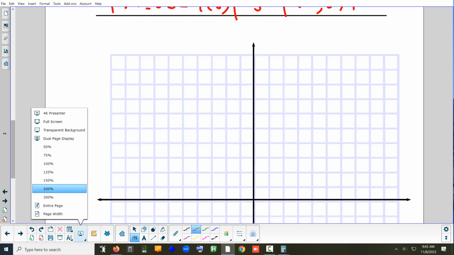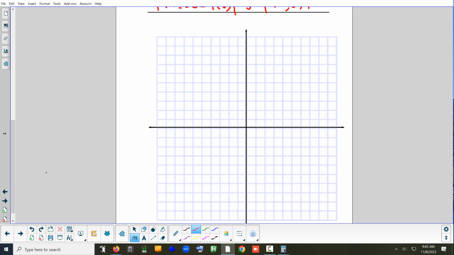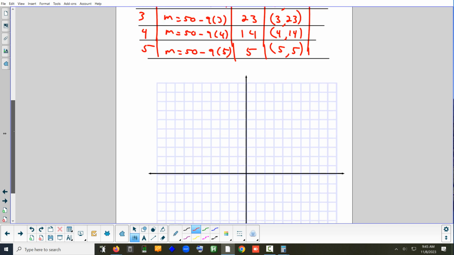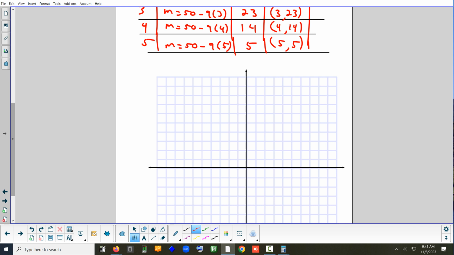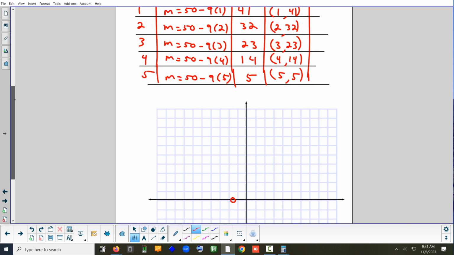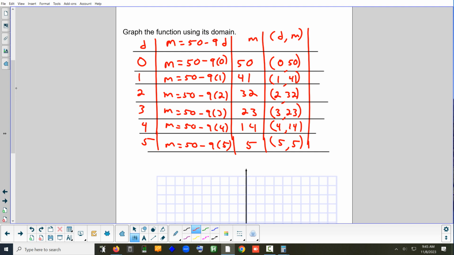All right, so let's graph. What I would do first is label on the grid what we're going to go by. In the last parentheses, why is it 5 and 5? Because that number in the parentheses goes up by 1 each time. So it was a 0, 1, 2, 3, 4, and then 5.